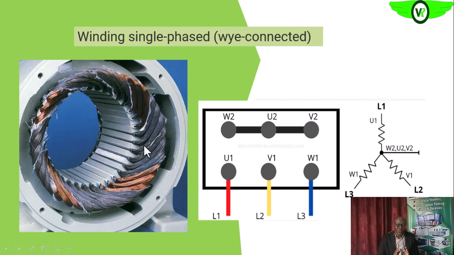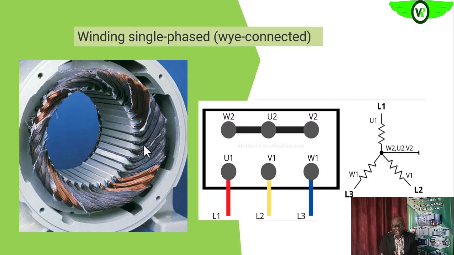So once you have been able to identify that the problem is single phasing, what you need to do is to protect the electric motor against single phasing in the future. So we can have single phasing protection on the electric motor, such that once there is a phase failure, the 3 lines will open and switch off the electric motor.